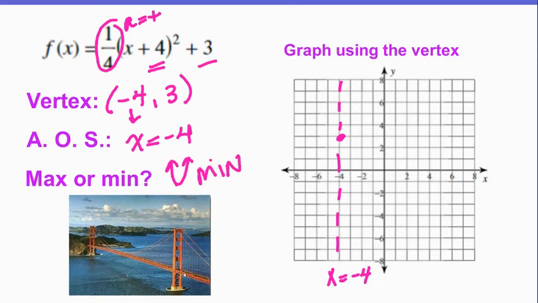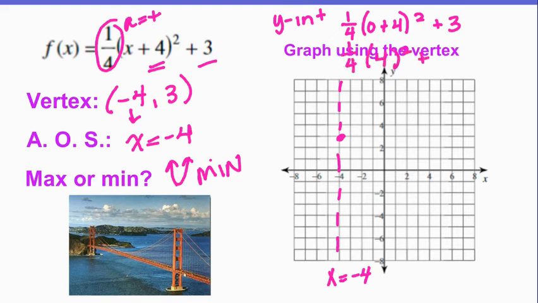Let's find the y-intercept. Let's plug in 0. So I have 1/4 times 0 plus 4 squared plus 3. 0 plus 4 is 4. Okay, so exponents first. So 4 squared is 16.